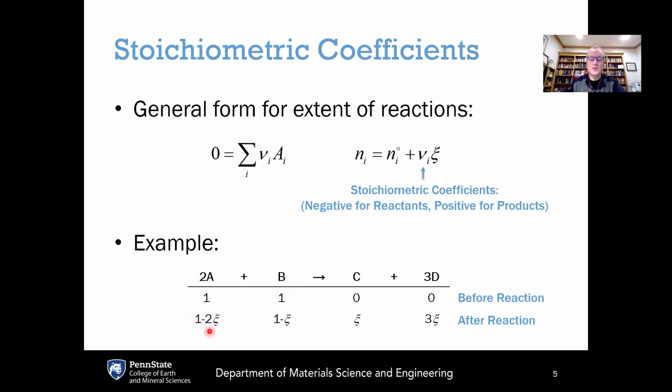So as this reaction progresses, we've started off with 1, and then we're going to lose 2 times the extent of the reaction, because of the stoichiometric coefficient of 2.